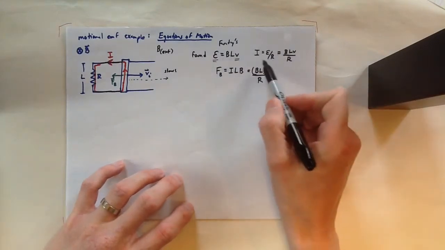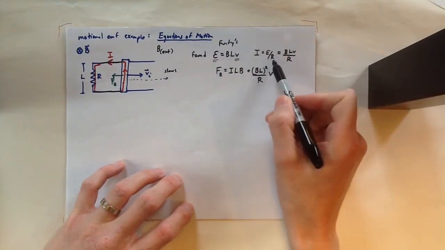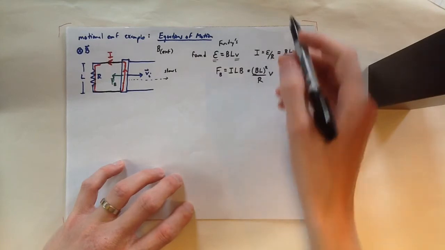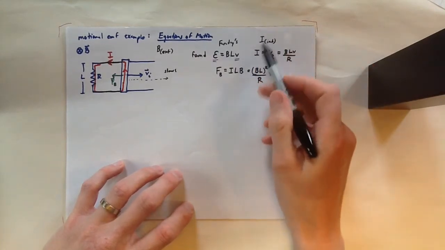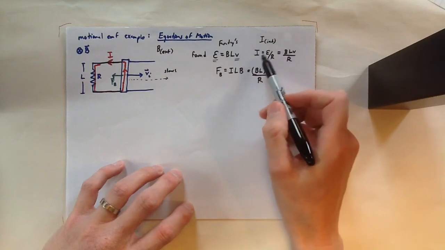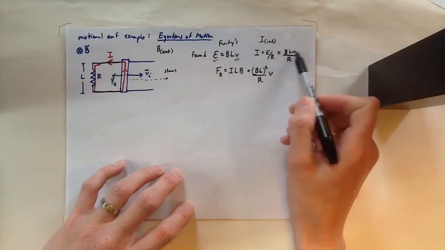And going over here, just using Ohm's law, the induced current, again, I here means I induced, but there's no other currents of concern here, so I'll just shorten it. So the induced current is BLV over R.